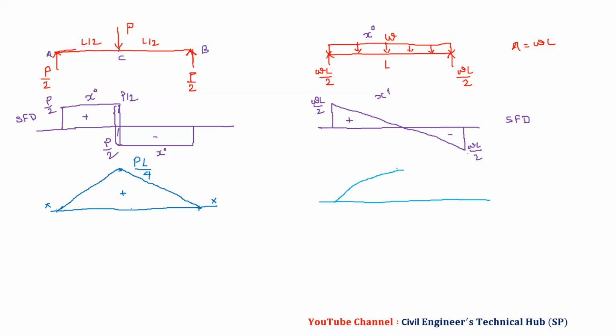So we have it in this fashion, what will be the value? WL square by 8. These standard cases you have to remember. And then over here, as bending moment decreases, your slope should increase. And you can plot above the line or you can plot below the line, it doesn't matter. So this will be BMD.